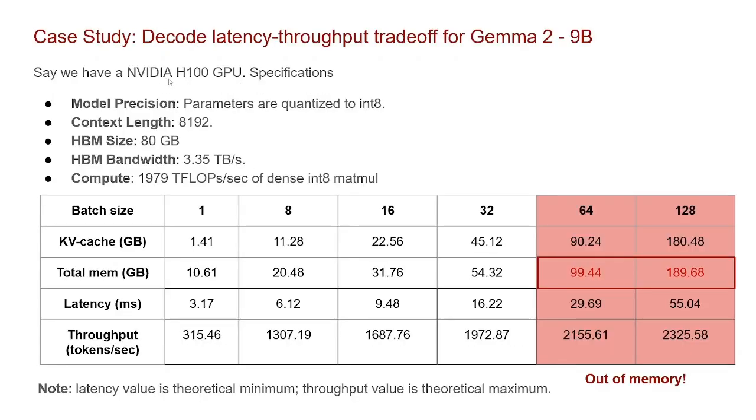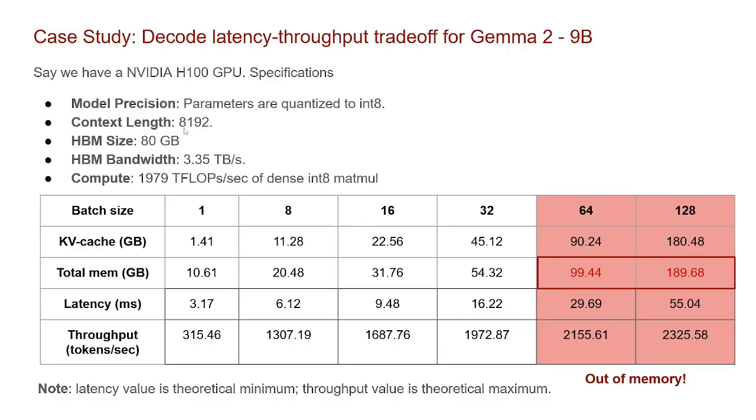Now we are in a position to actually compute the latency and throughput numbers for a real-world model on real-world hardware. So let's take the Gemma 9 billion model, which we have been seeing now, and run it on an H100 GPU. We are considering the inference process, and we take the parameters quantized to int 8.